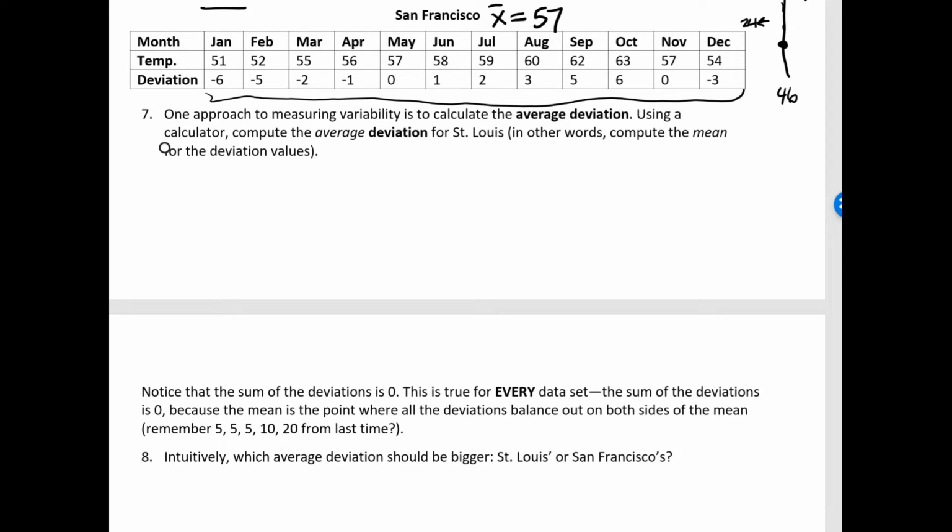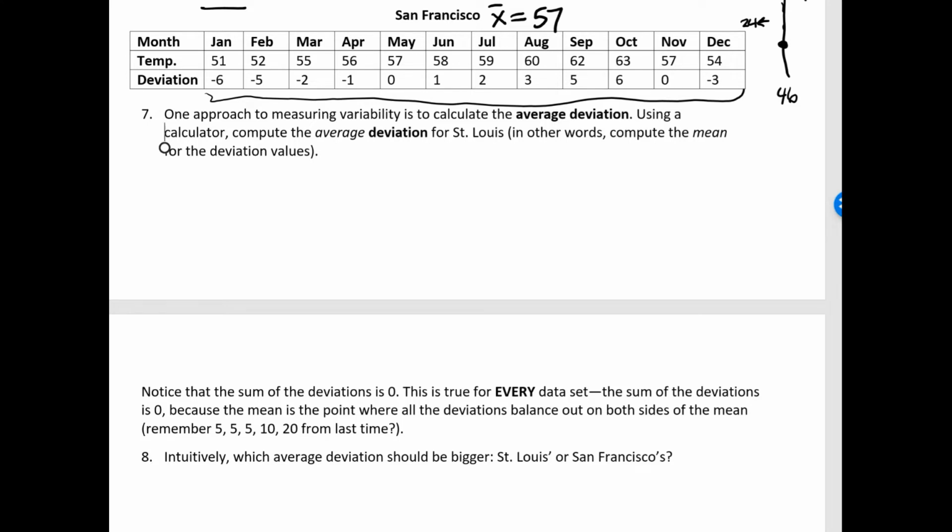But some months are really, really close to that mean, where some months are further away. So how do we represent all of this variability that we see as just one number, one way to say this data set varies about this much? That would be really convenient if we had something like that.